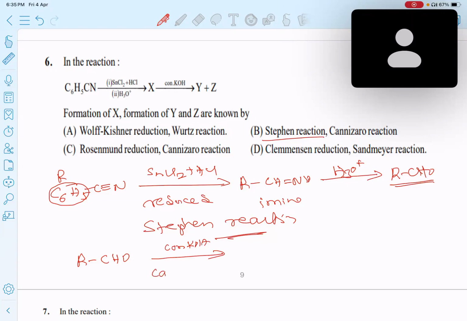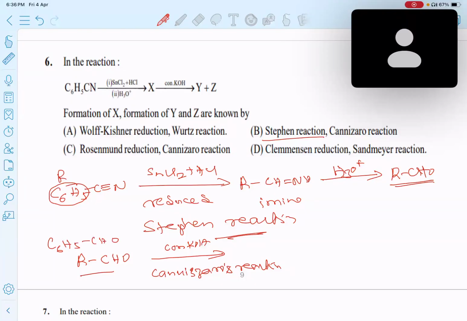What type of compounds undergo the Cannizzaro reaction? In Cannizzaro reactions, two molecules of aldehydes which do not contain an alpha hydrogen atom undergo oxidation and reduction reactions to form an alcohol and a salt, sodium benzoate. For example, a compound which does not contain an alpha hydrogen atom is C6H5CHO.